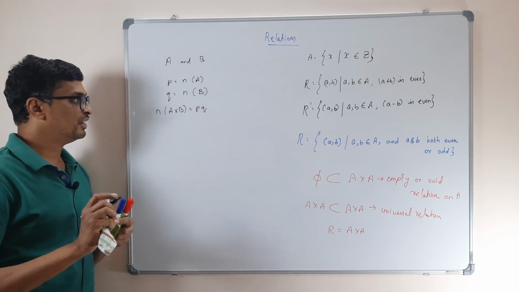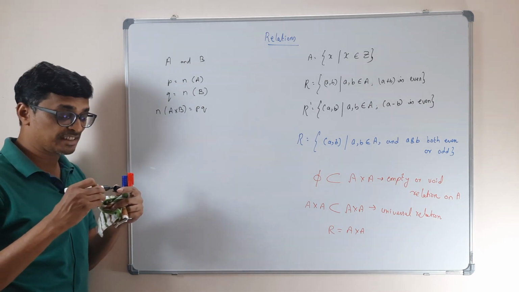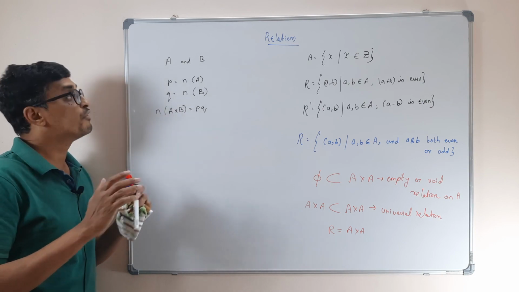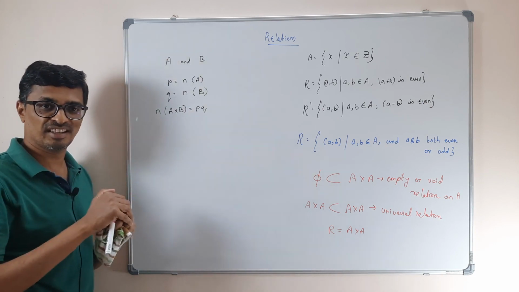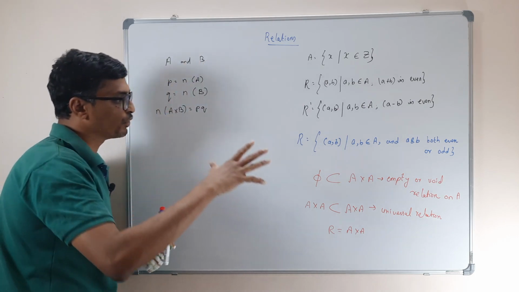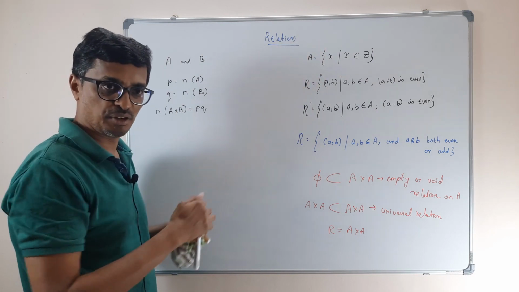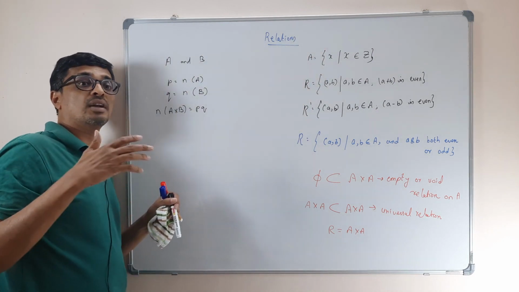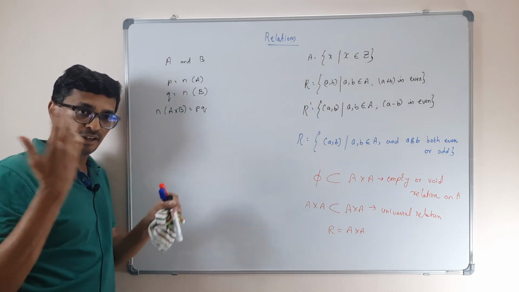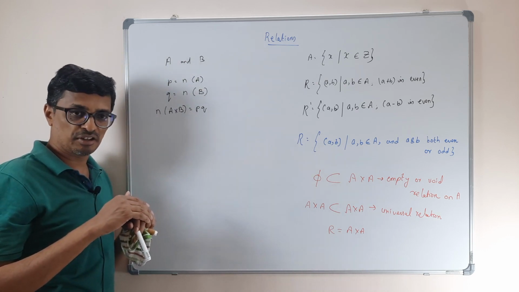Now I am asking, how many relations can you form from A and B? Given two sets A and B, we can create some number of relations. What is the maximum number of relations you can create from A and B? How will you find out?